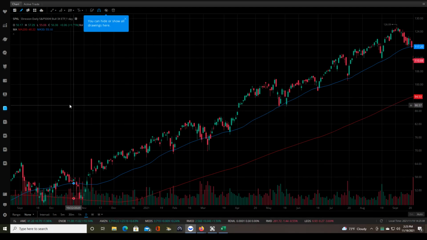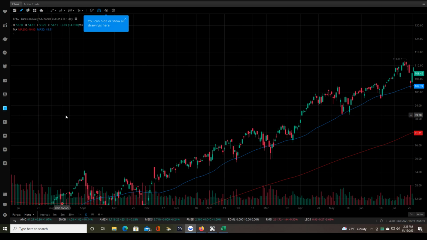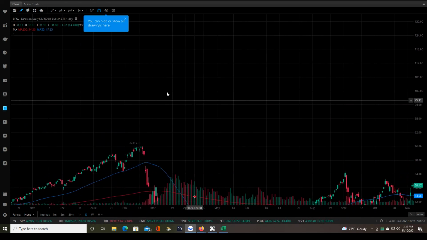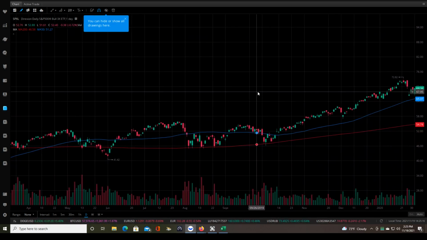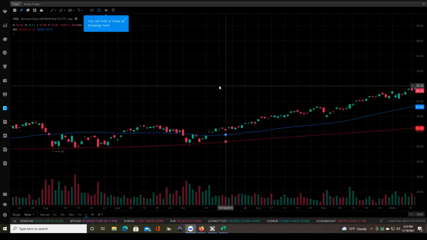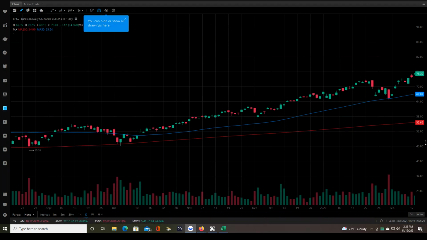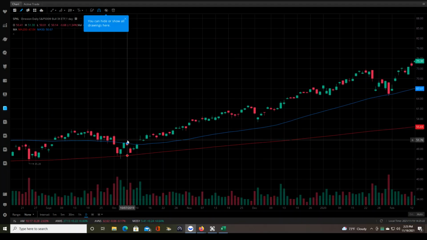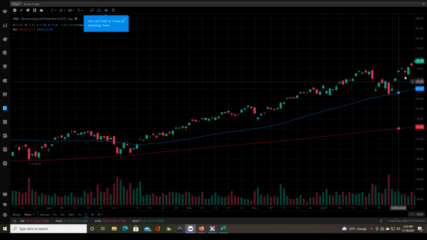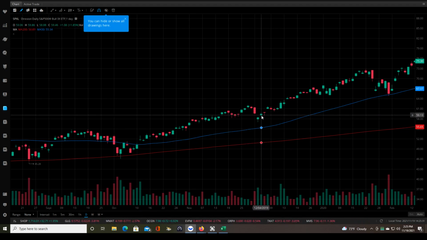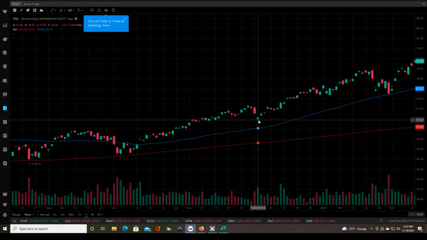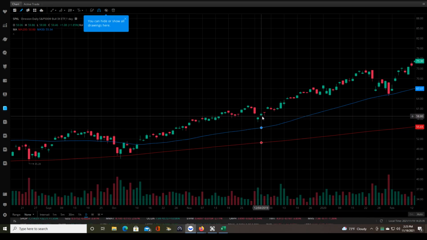So let's move back in time and see why I chose this 50 MA as my get in and get out signal. So here we are, let me zoom in a little bit. This is 2019 going into 2020, and you see this very nice trend above the 50 MA where the price is just continuously moving, and maybe you got in over here around $51, maybe you added a little bit over here around 58, so maybe your average is around, let's say, 54 or 55.